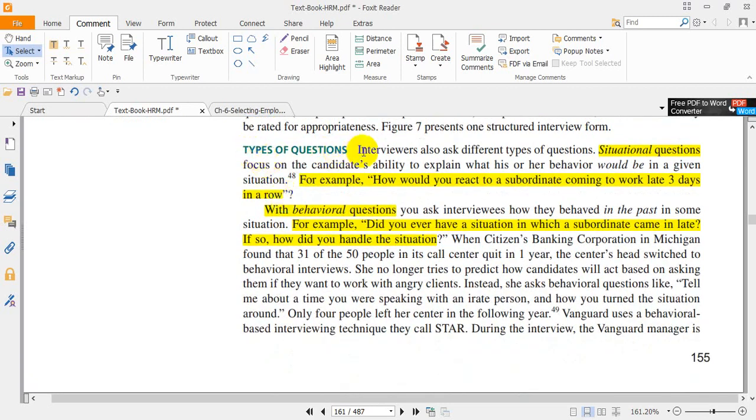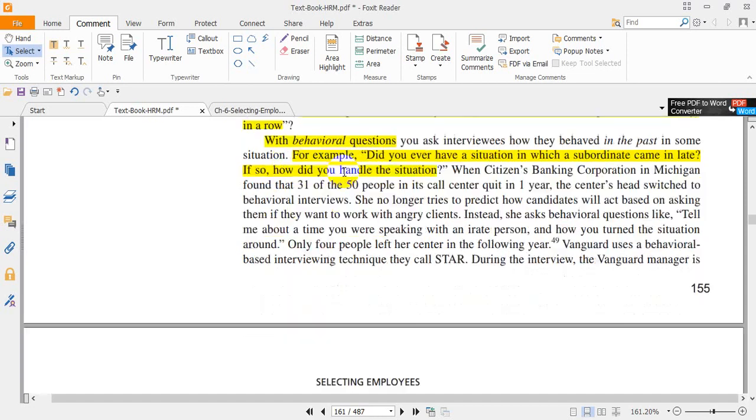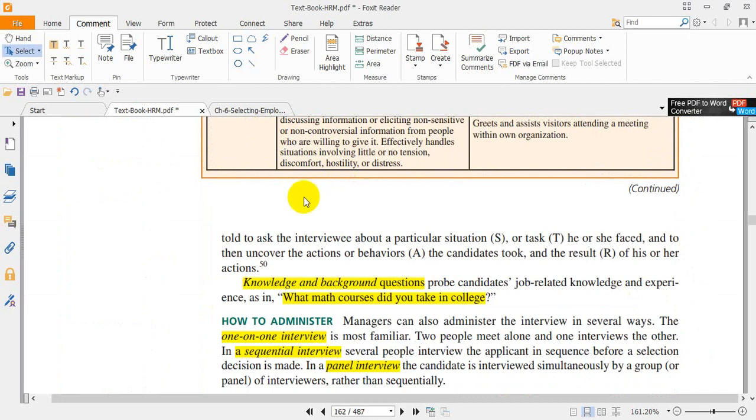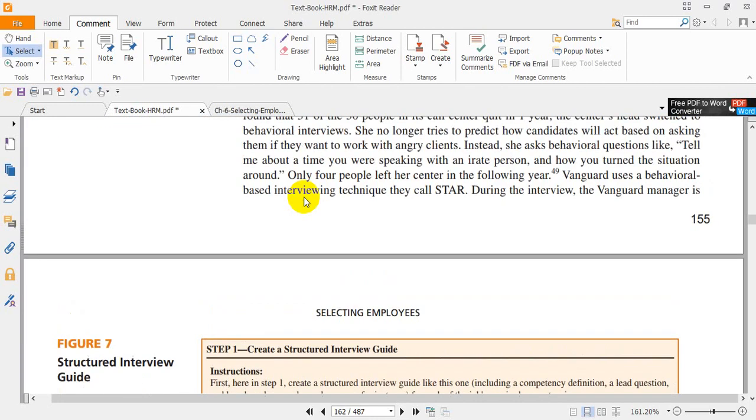Types of questions. Interviewers also ask different types of questions: situational, behavioral, and knowledge and background questions.